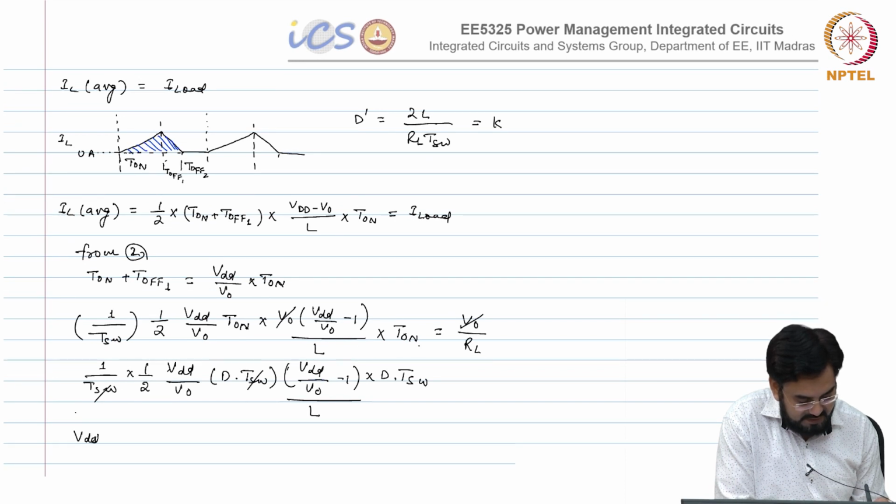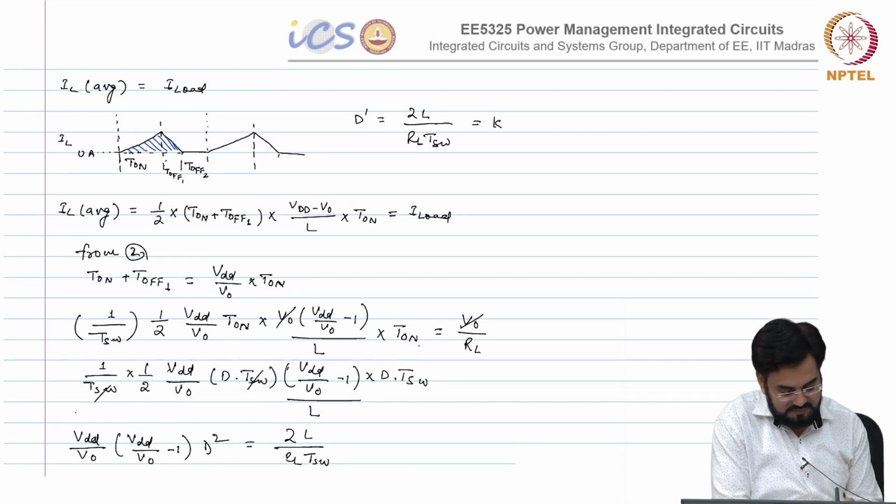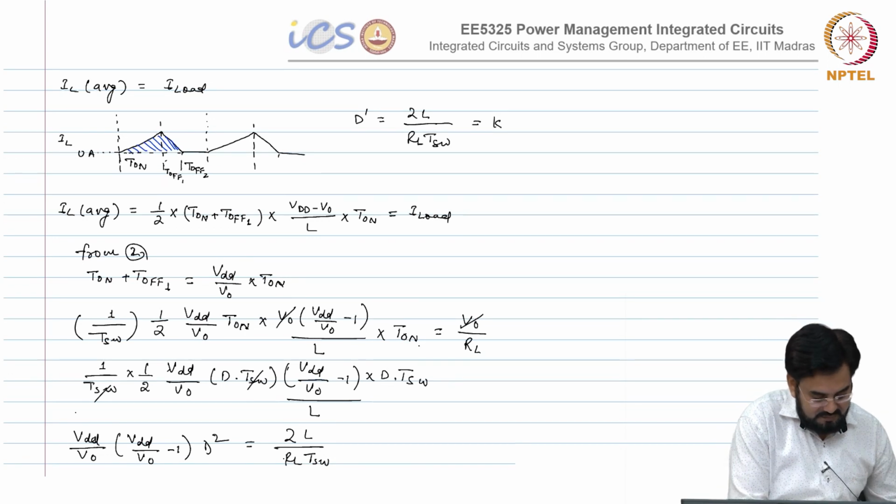So VDD over V out into VDD minus 1 equal to D square equal to twice of L over RL TSW. Correct?